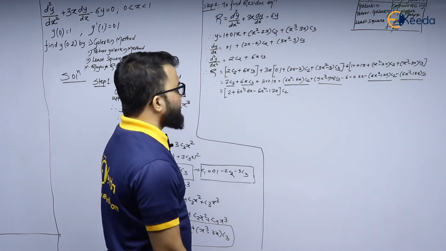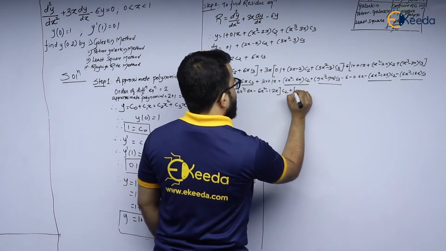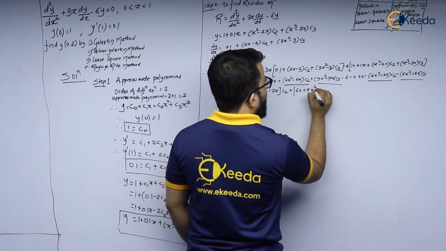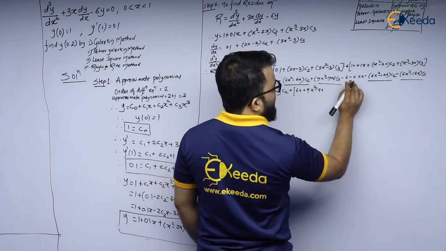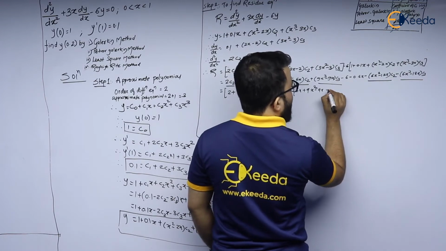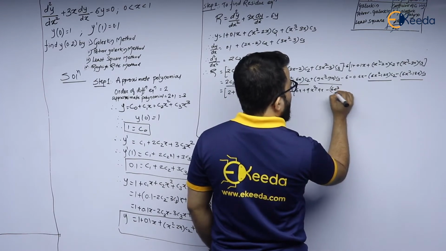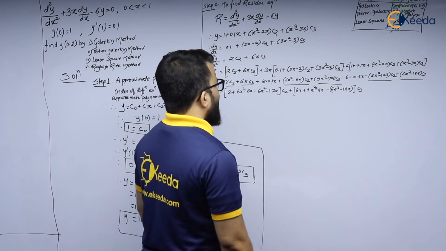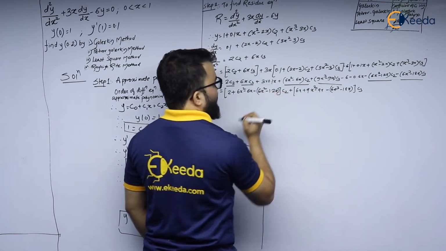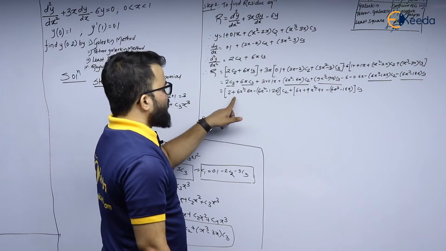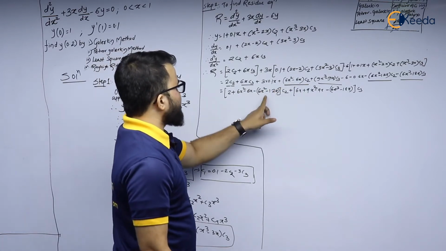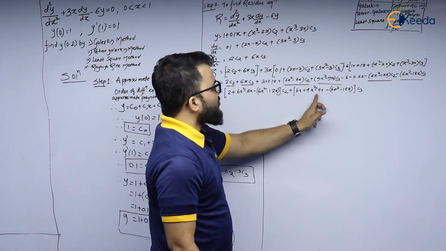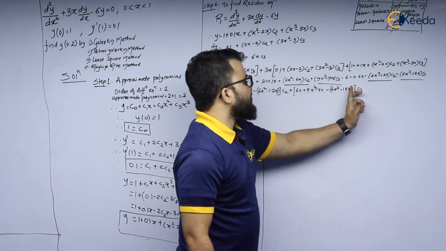So I get 6x plus 9x cube minus 9x and minus 6x cube minus 18x into c3.